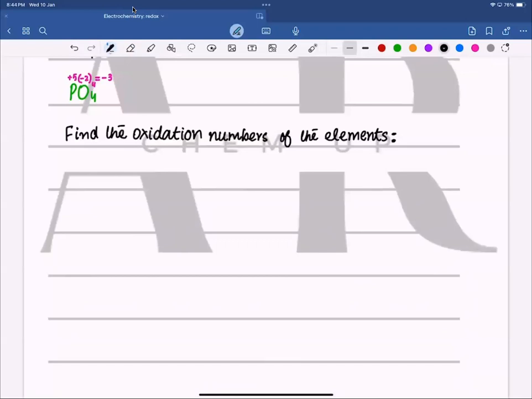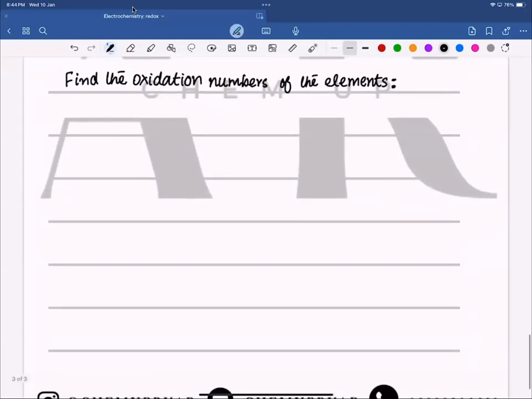I am writing the compounds down over here, and in the next class I will check it.